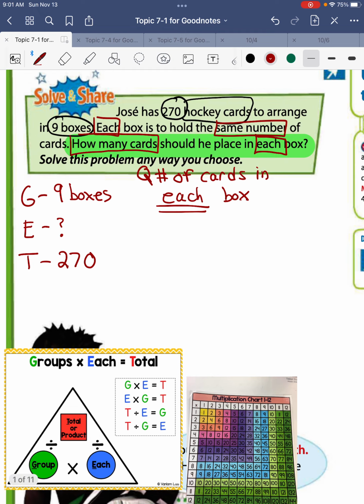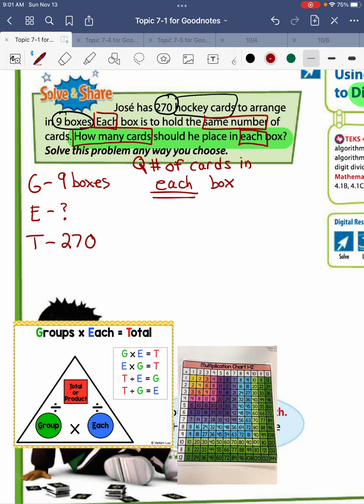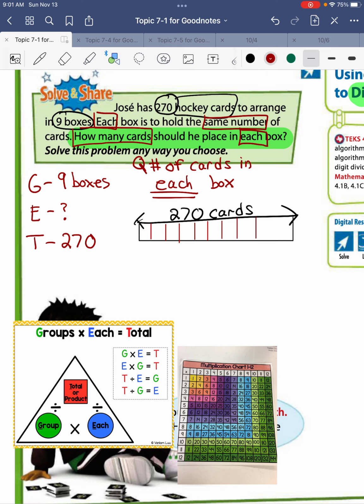And another way to do this is you can do a strip diagram. Okay. When I do my strip diagram, my total is always on the top. So I know my total is 270 cards. I know that my groups are 9 boxes, so I can just draw 9 boxes. I can just do 1, 2, 3, 4, 5, 6, 7, 8.